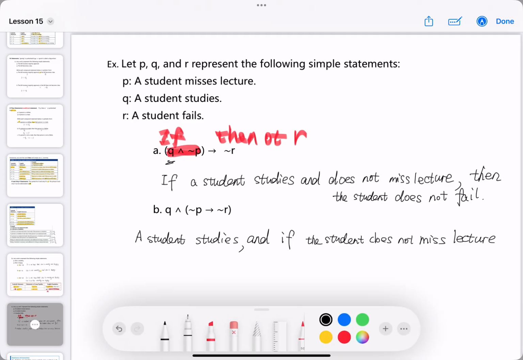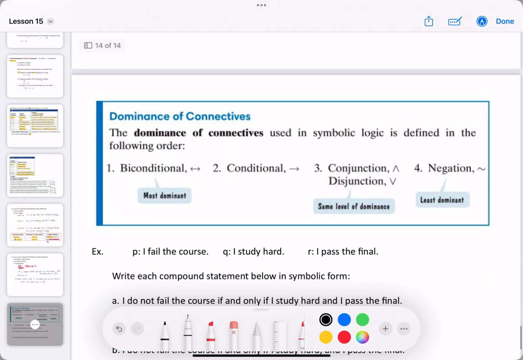Then not R means the student does not fail. Okay, we're done with this part.